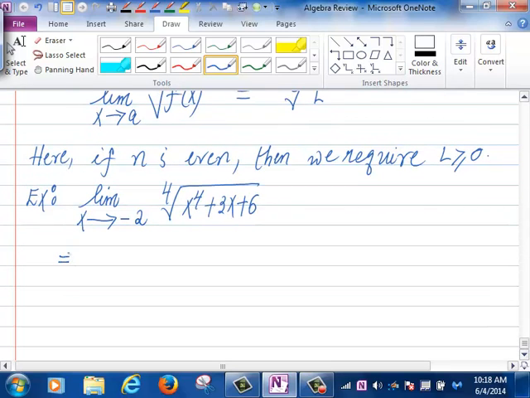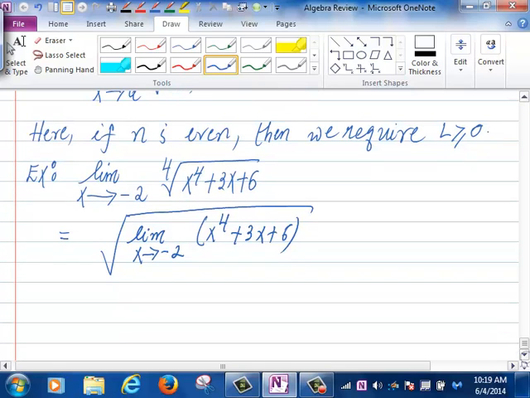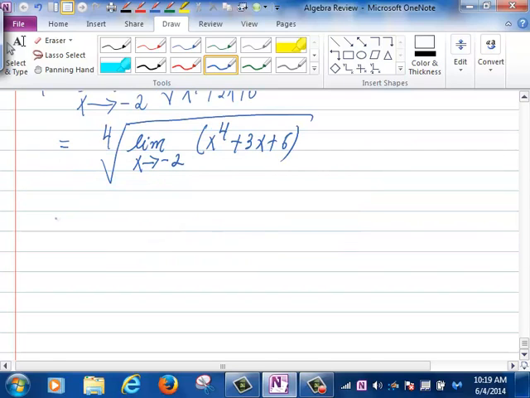So this is equal to the limit as x going to -2 of the polynomial, and then whatever the limit is, we are going to take the 4th root of that. And this is equal to, what's the limit?